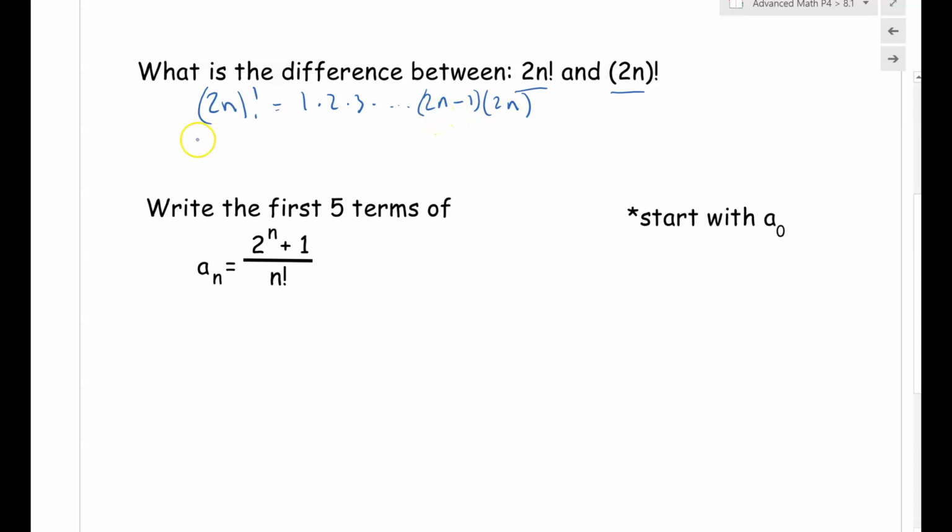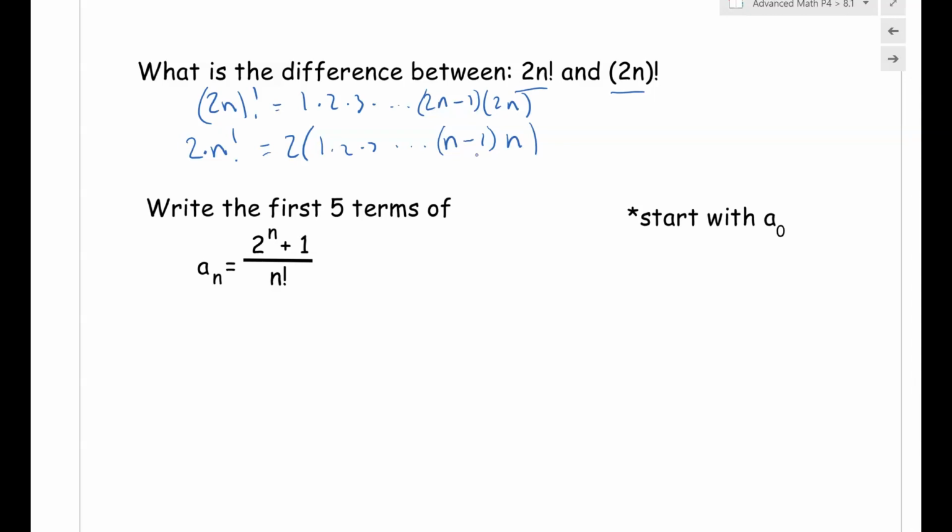Now, whereas this 2n factorial is 2 times n factorial, so that would be 1 times 2 times 3 dot dot dot n minus 1 times n. Okay. Pretty important that you understand this idea of n factorial as 1 times 2 times 3 up to n minus 1. And if I wanted to go further, it would be n minus 2. Okay. We're not going to get too crazy with that, but a little bit.